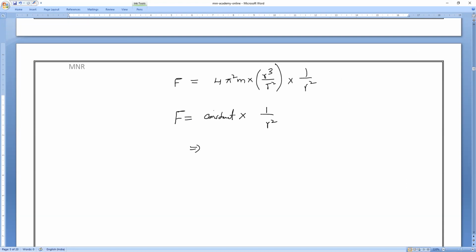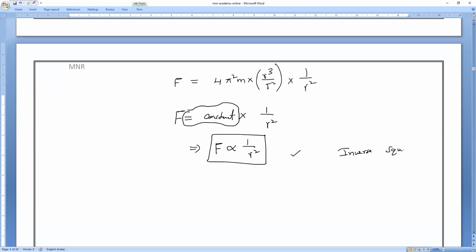In mathematics, if you remove the equals sign and the constant, you have to keep a symbol. What is that? Proportionality constant. So F is proportional to 1 by r square. So what is that law called, everybody? Inverse square law. So Mr. Newton derived the inverse square law with the help of Kepler's laws.